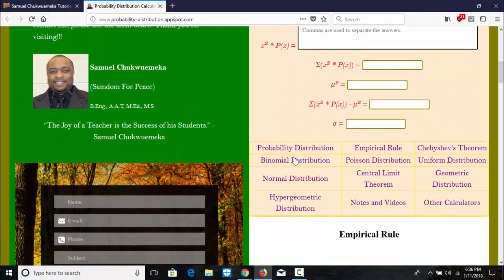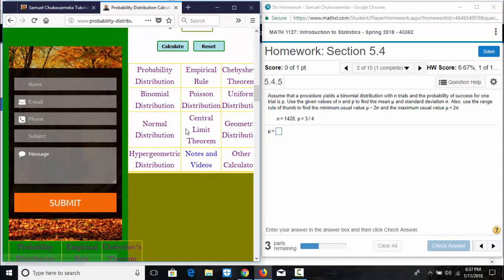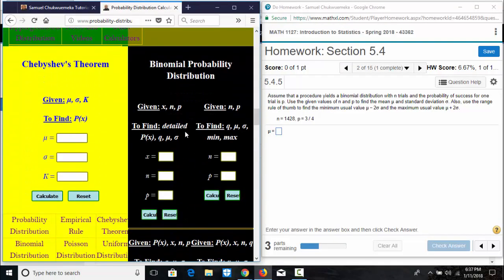I need binomial distribution, and let me restore it. Binomial probability distribution. So we're going to look at this, given the sample size and the probability of success, and you want to find this here.